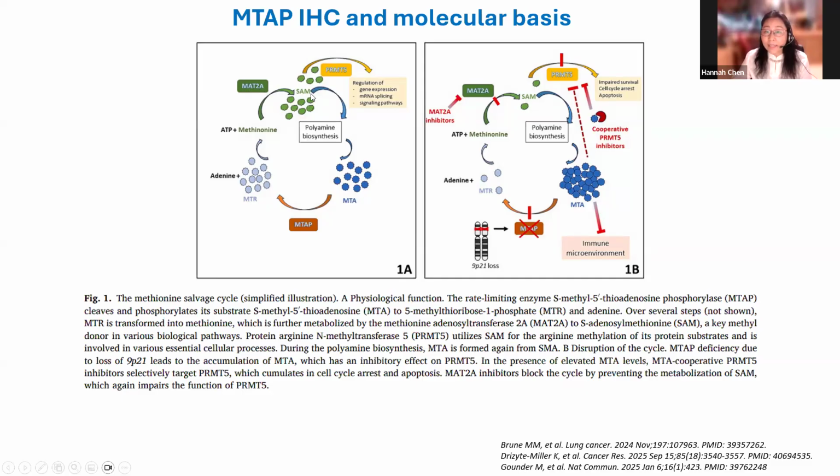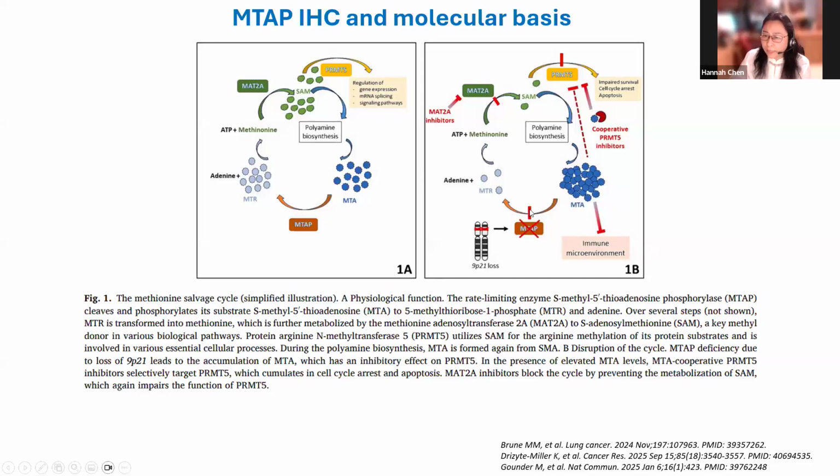SAM is a very important methyl donor for the protein PRMT5, protein arginine methyltransferase 5. It's very important in the regulation of gene expression: mRNA splicing, signaling pathways, DNA repair, apoptosis, and many more functions not listed here.